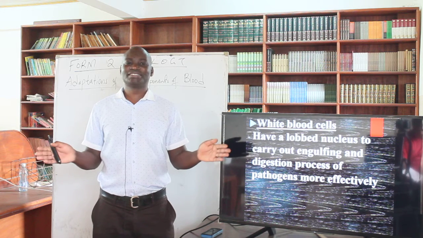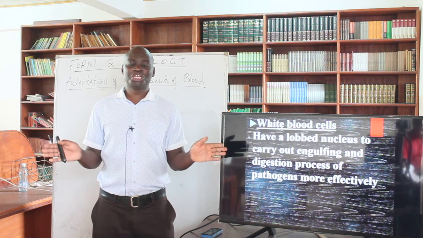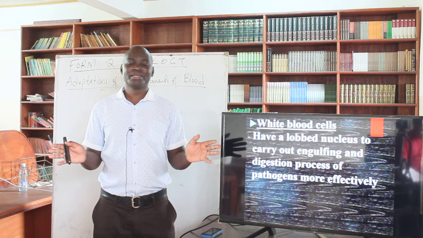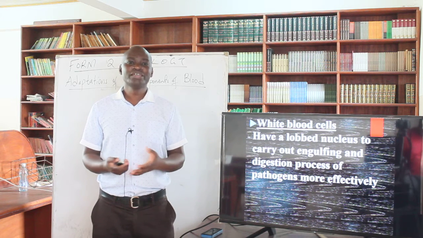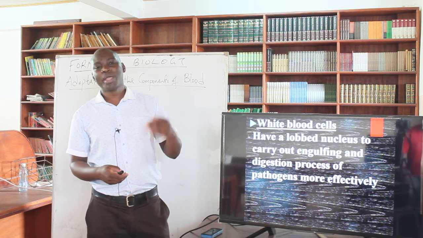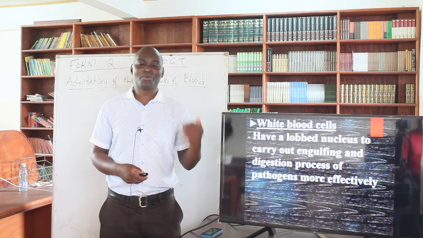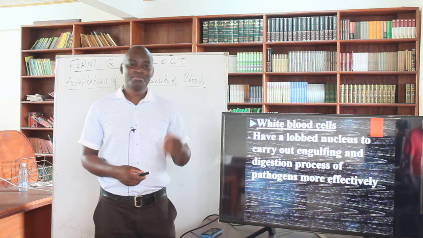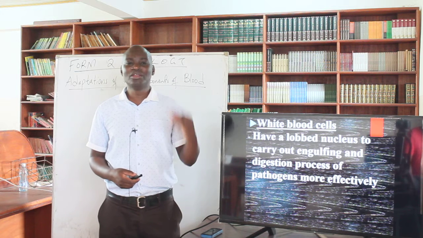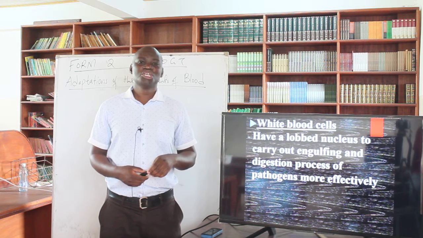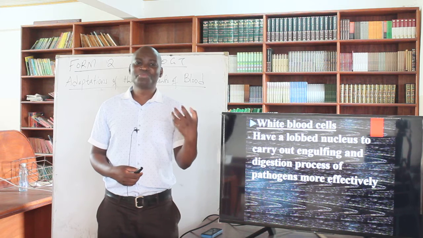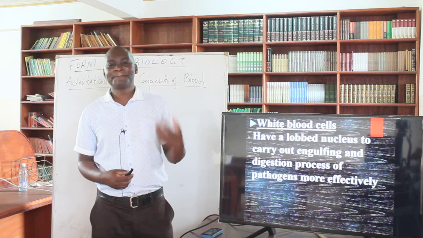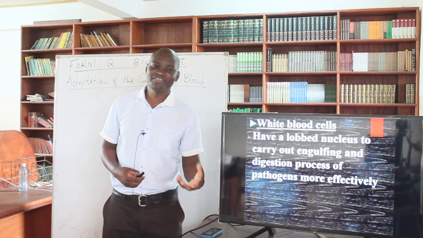That lobed nucleus allows the cell to change its shape and engulf the pathogens, the disease-causing organisms. So when talking about the adaptations of the white blood cells, we must mention that they have a lobed nucleus to carry out the engulfing and digestion of pathogens more effectively.